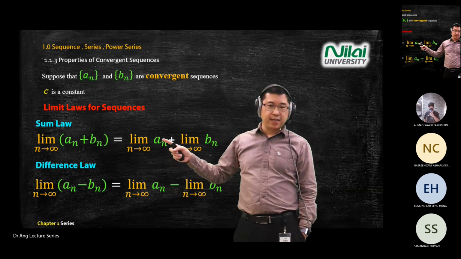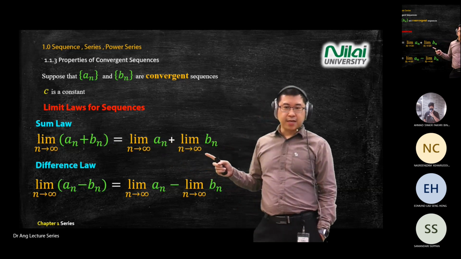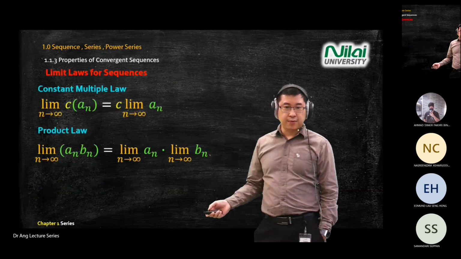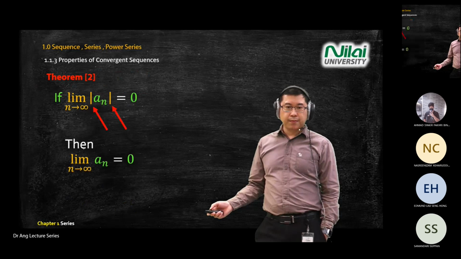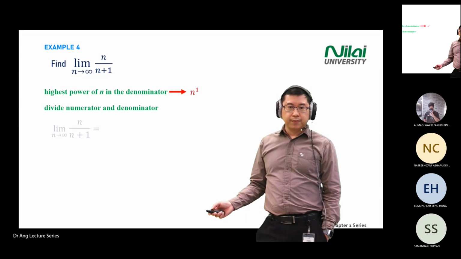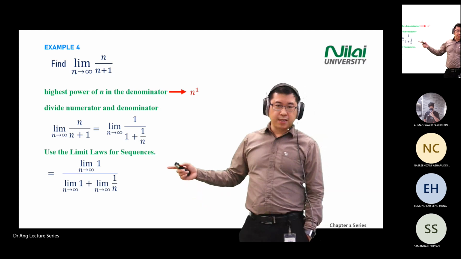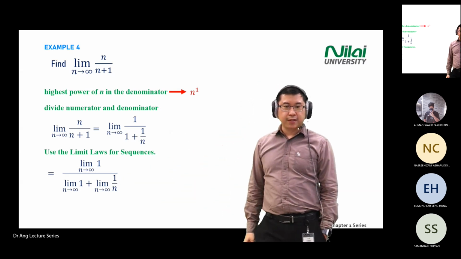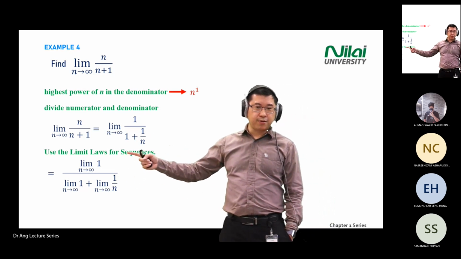That's why you can write limit of first set plus limit of second set. That's why you see this one in the example just now, this one will become this one. Okay, get the idea? This one becomes this one by using the limit law.